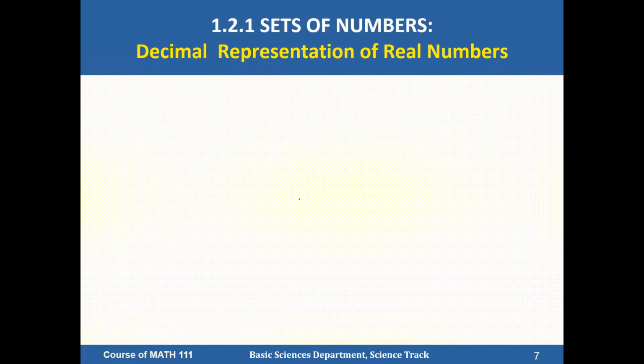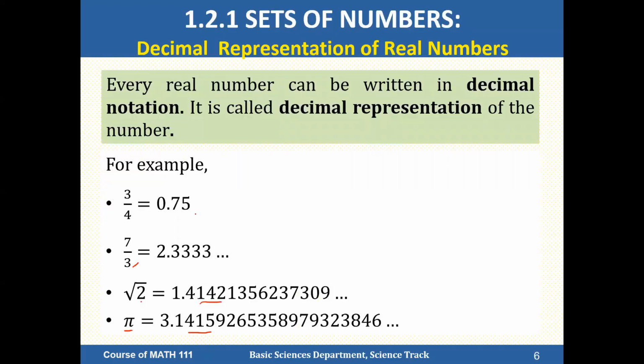How? We can see three types of decimal representation. This is the first type. This is called a terminating decimal number. Why is it terminating? Because 3 over 4 is 0.75.